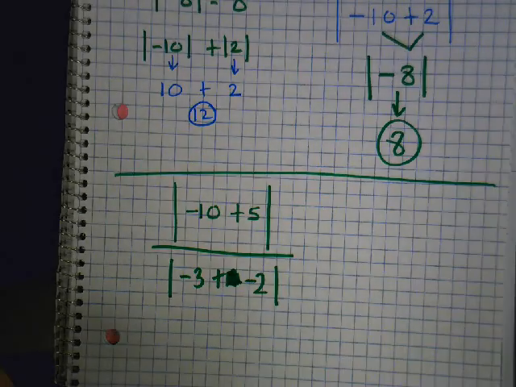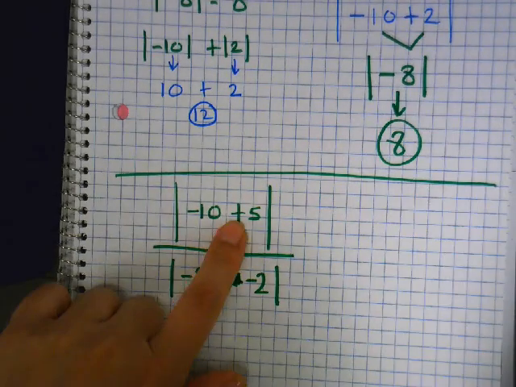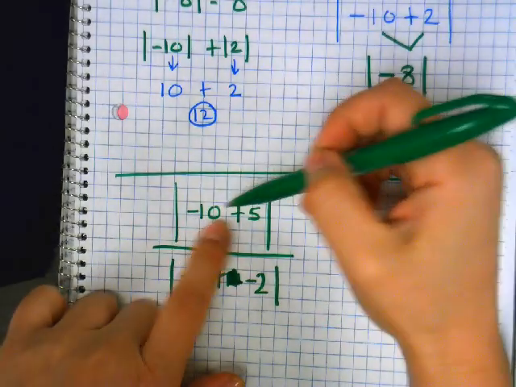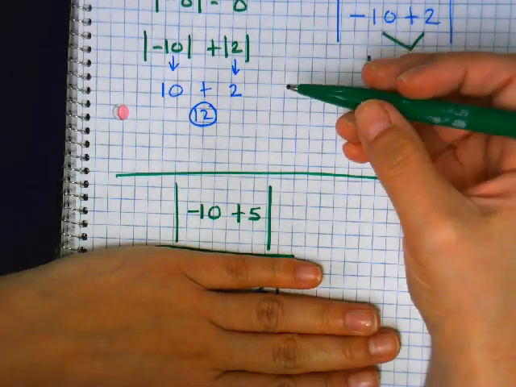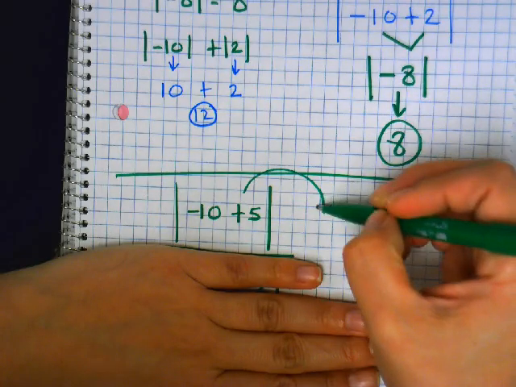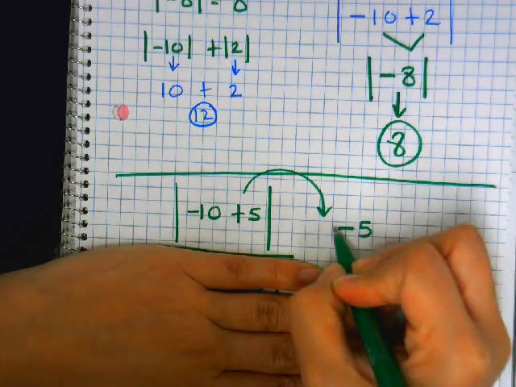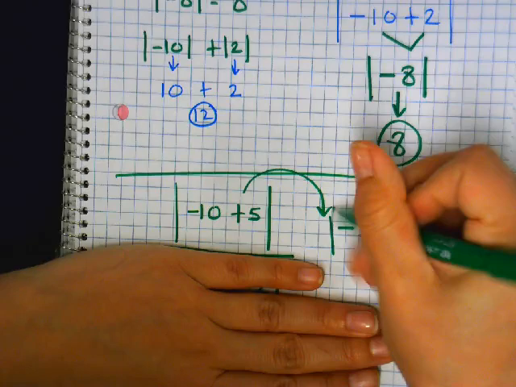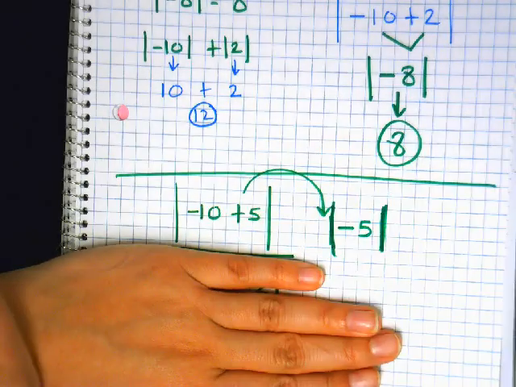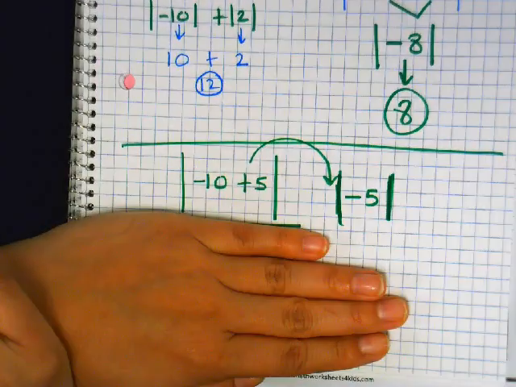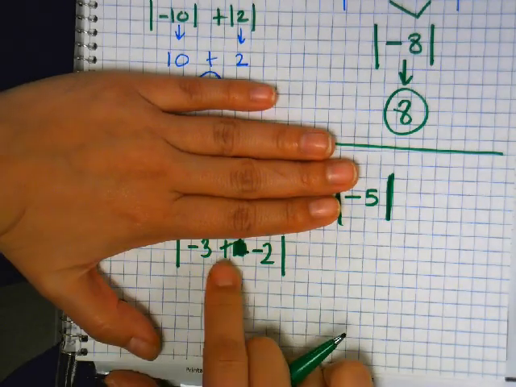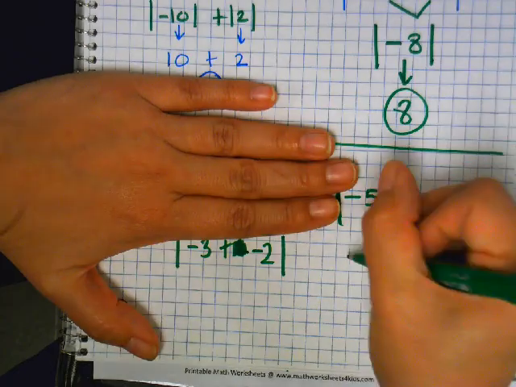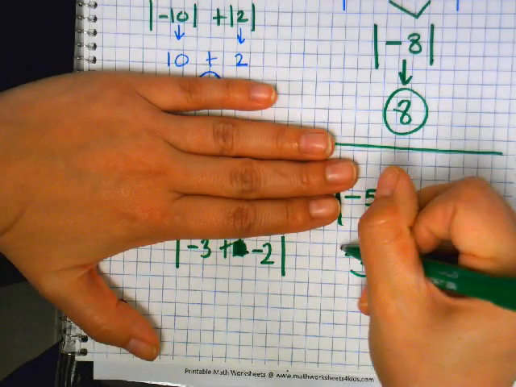Okay. So, first thing is we're going to do this math. What's negative 10 plus 5? Negative 5. So this gives you negative 5 in the bars. Now let's do the bottom. What's negative 3 plus negative 2? Negative 5, in the bars.